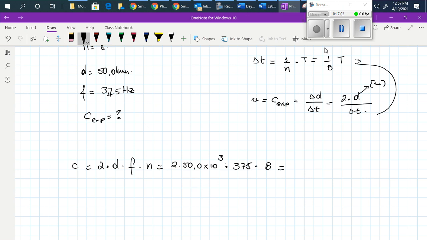Enter this in your calculator and tell me what your result is. And you will have exactly 3.0 times 10 to the power of 8 meters per second for this experimental value of the speed of light, which means that you are very good in those calculations and designing this experiment.